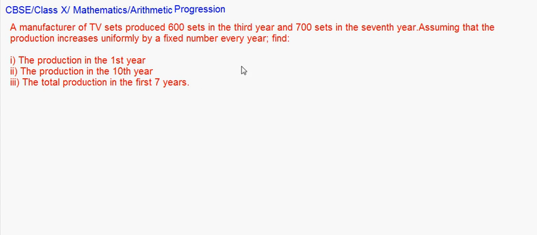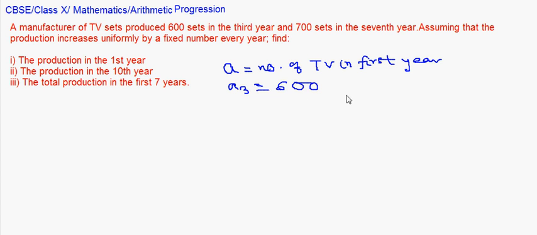So let us assume that the number of TV produced in the first year be A. Accordingly, A3 will be the TV produced in the third year, that is given to be 600 sets, and A7, that is in the seventh year, 700 TV sets have been produced.